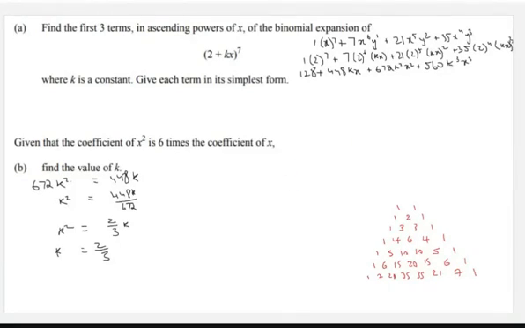Actually, no, it's just find the value of k. No, it's fine. I misread. I was thinking you've gotten rid of a solution, but actually, no. The question says find the value of k. And also, it wouldn't make too much sense for k to be 0. Yeah, you're good. Nice.